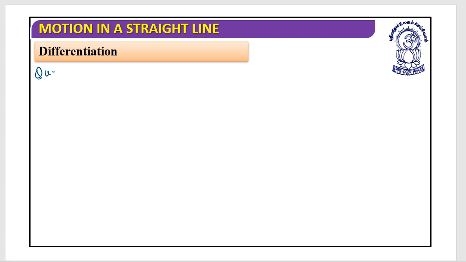Next, let's say d by dx of x square plus x to the power minus 2 plus ln x plus e to the power x, and I need to solve this.